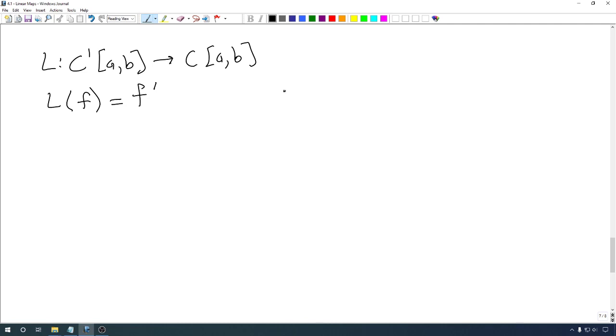But remember, we have these rules for differentiation that say if we take two functions and we add them and differentiate, the derivative is in fact the sum of the derivatives of f and g. If we take a constant times a function and then differentiate it, then we can just pull out that constant. We don't have to do anything special with the constant.